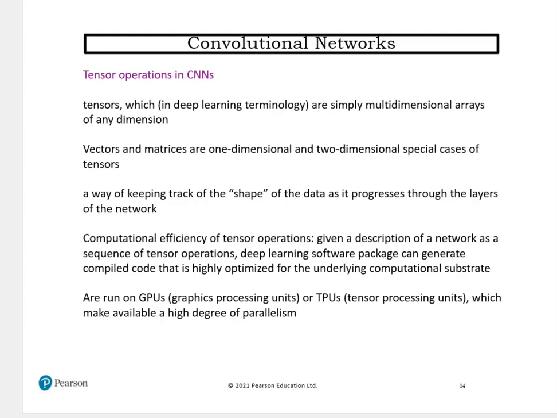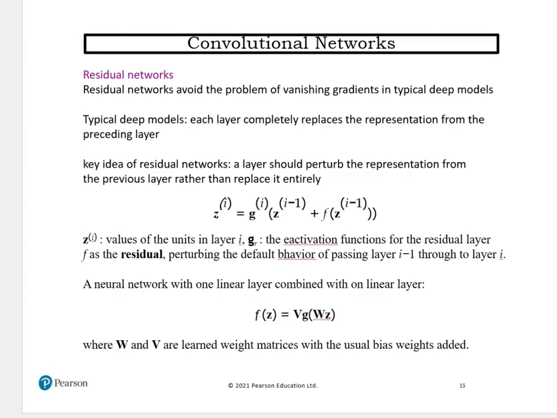So if we put all of this together in an example, suppose we're training on a set of images 256 by 256 with a mini batch size of 64 images.